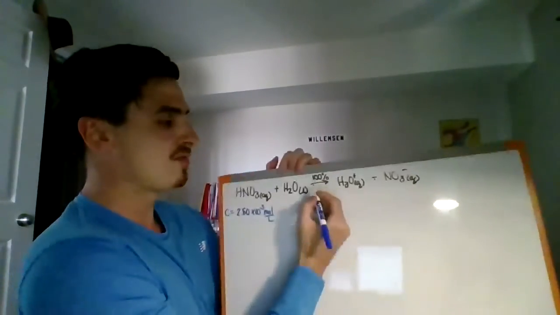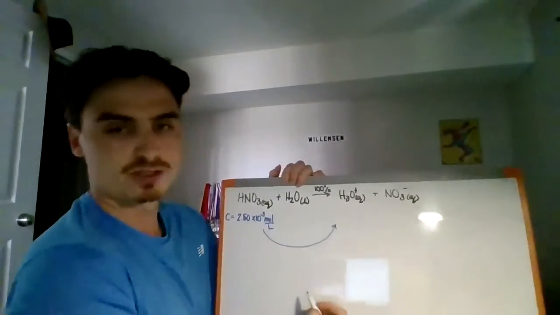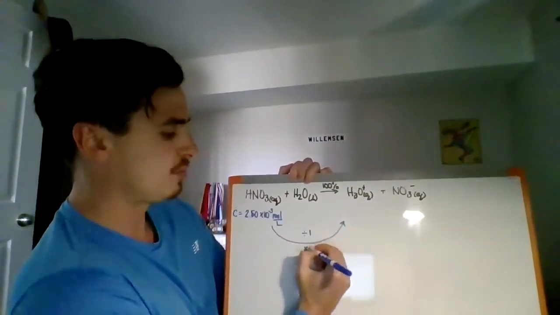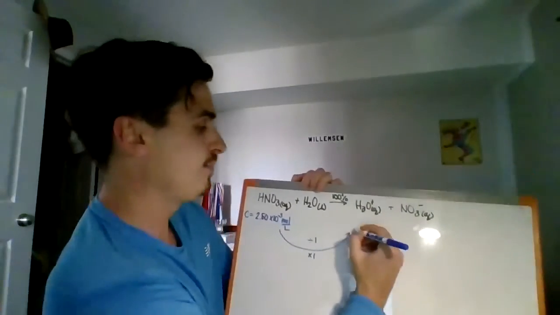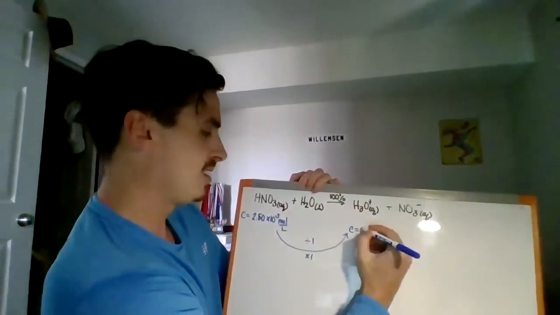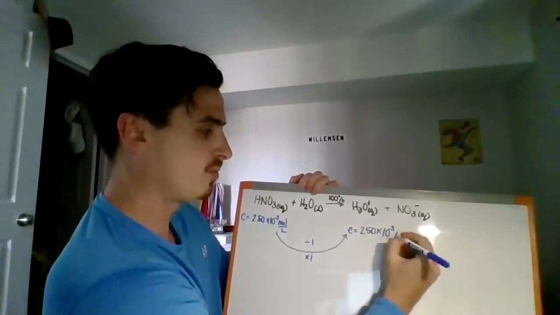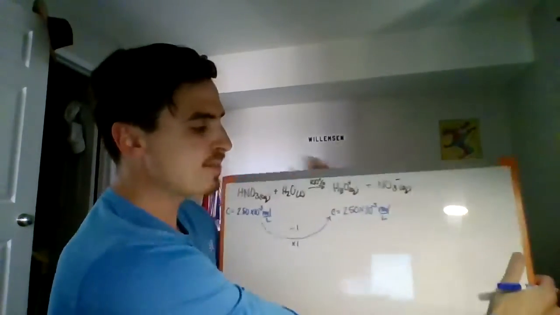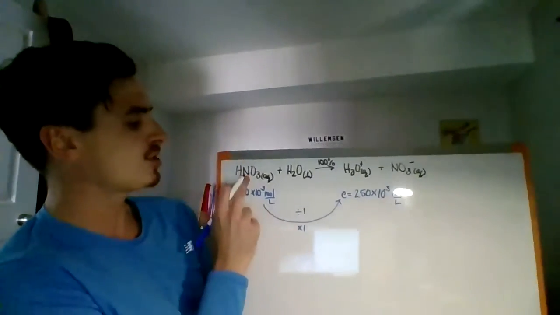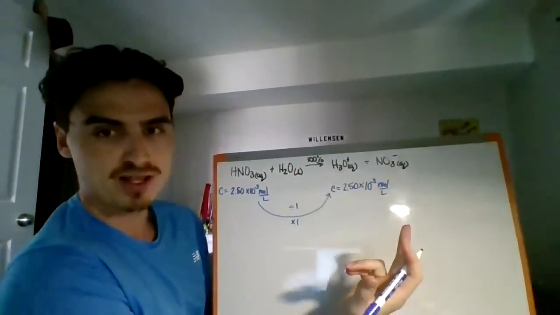If you know that you have a single arrow, you can always ride the molar coaster. You divide by where you start, 1, multiply by where you're going, 1, and you're going to recognize that the concentration of hydronium is going to be the same. There's a 1-to-1 relationship. Okay, and conceptually that makes sense, because if you have this much acid and it reacts completely, you will have this much hydronium.